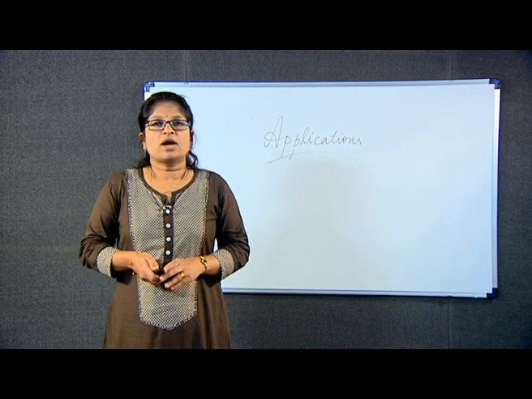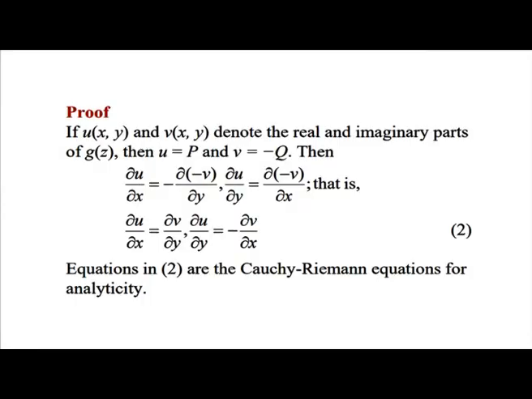How do you understand this? Let us quickly see the proof. If u(x,y) and v(x,y) denote the real and imaginary parts of g(z), then u is P and v is minus Q. Then ∂u/∂x equals minus of ∂(minus v)/∂y, and ∂u/∂y equals ∂(minus v)/∂x, that is ∂u/∂x equals ∂v/∂y, and ∂u/∂y equals minus ∂v/∂x.